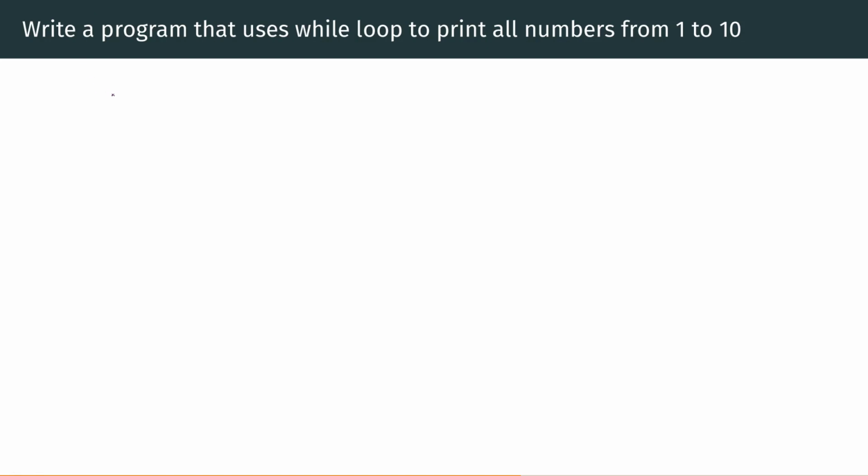As usual, we'll have a counter. So we'll set the counter equals 1, right? And then we'll check the condition, right? So while counter is less than 10, less than or equal to 10, I'm sorry.